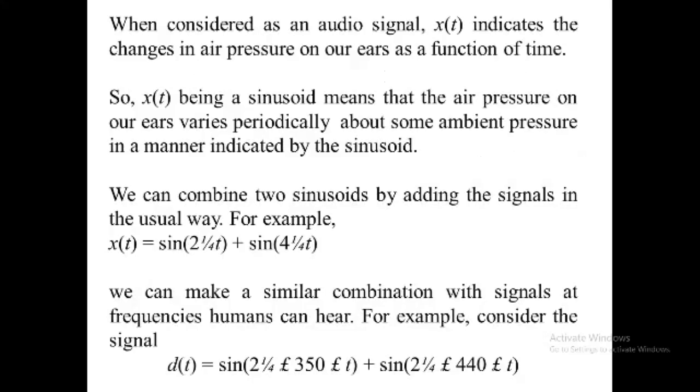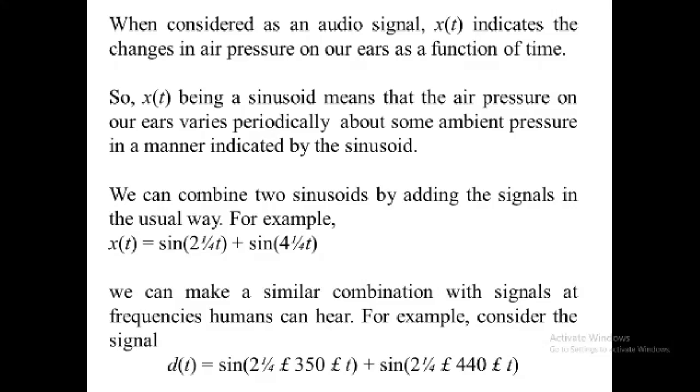When considered as an audio signal, x of t indicates the change in the air pressure on our ears as a function of time. What is important here is the time variation of the air pressure from some ambient value, rather than the ambient value of the pressure itself.